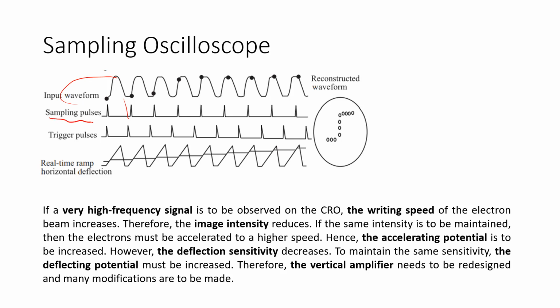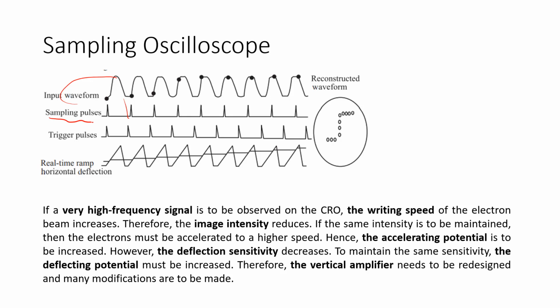The sampling pulse is used to sample the input waveform. If the waveform or its frequency changes, the sampling pulse will detect this change, and to generate the sampling pulse we need a trigger pulse here.